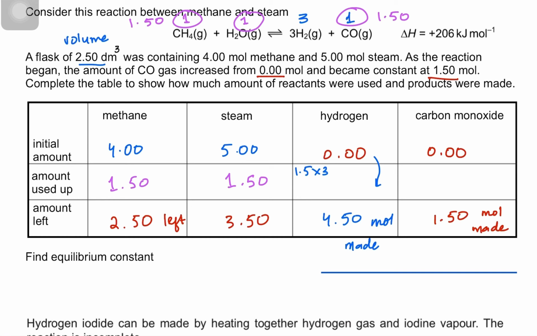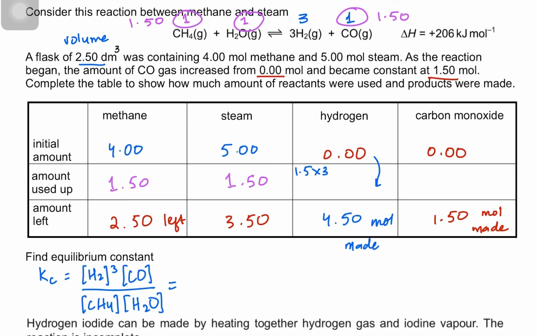The Kc expression will have hydrogen with a cube and all other substances without any exponential powers except for that one. So when we put the values from the equilibrium concentration table, we should not forget that the volume is 2.50 decimeter cube, so each value would be divided by 2.50 because concentration means moles divided by volume.